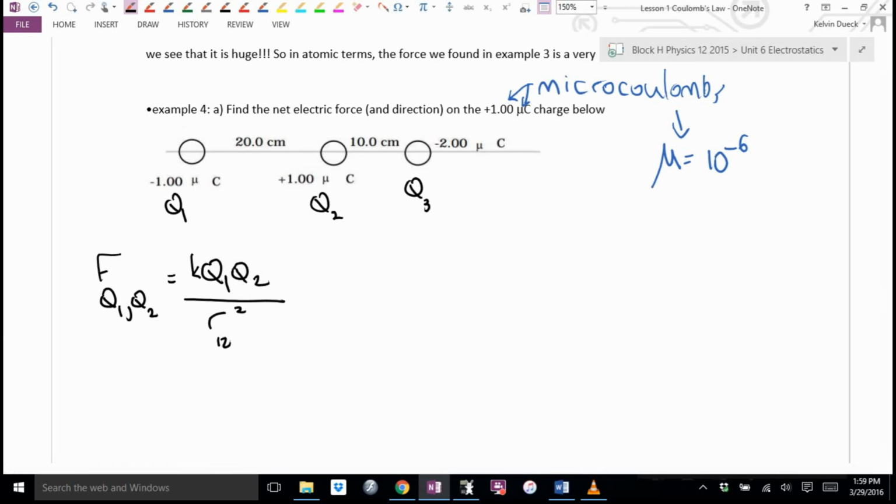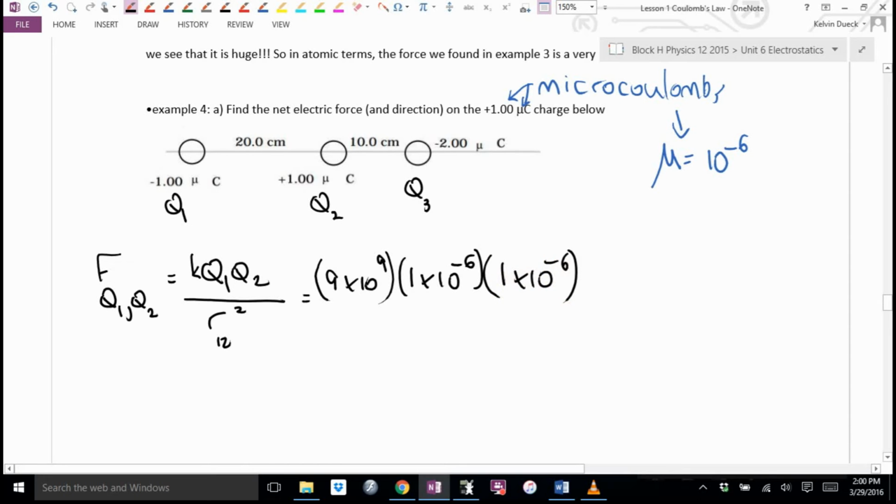It's going to be 9 times 10 to the 9th. Charge 1. Am I going to put the negative in? No. I'll decide the direction. I'll put the charge in, 1 microcoulomb, 10 to the negative 6. Replace the micro with a 10 to the negative 6. Charge 2, positive 1 microcoulomb, divided by, what's the radius between charge 1 and charge 2?